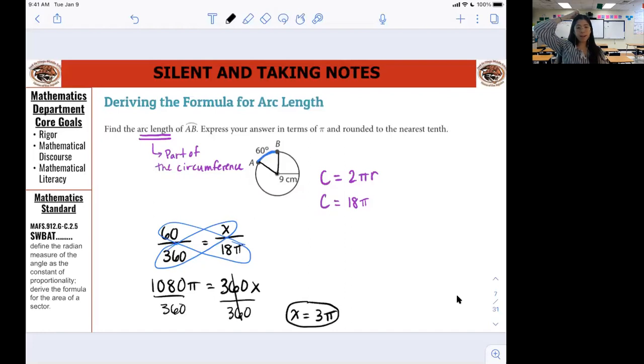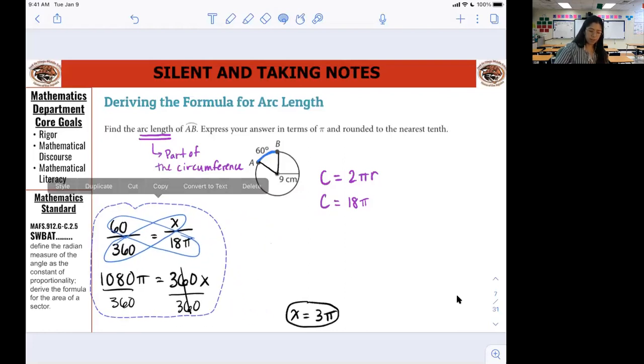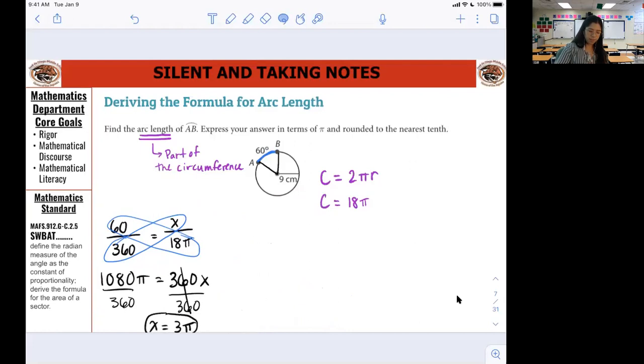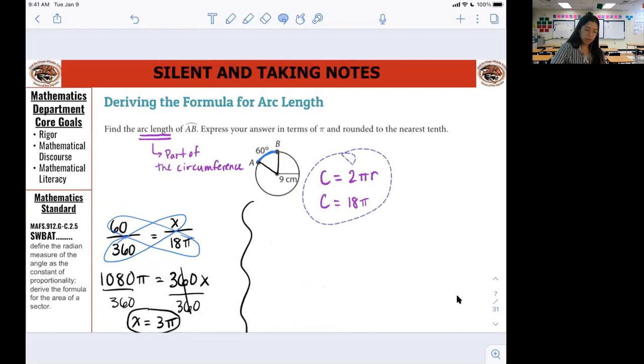Now I'm going to go back and do this a slightly different way. But we already know what the answer is supposed to look like, and I'm not going to make it go away, I'm just going to leave it off to the side, because I'm going to do this a slightly different way. What I'm going to do is write the formula, and I'm not going to fill in any of the blanks yet. Okay?